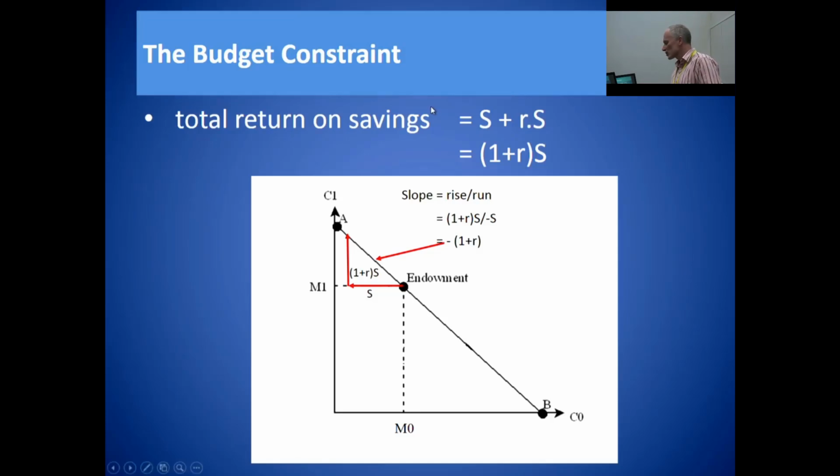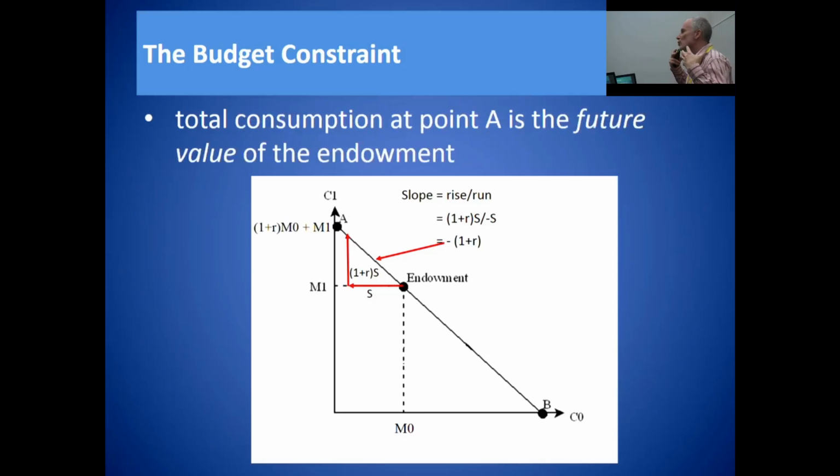Now, I've already mentioned this point here, A. I've said that's the maximum amount of future consumption. That's what would happen when the individual chose to save everything in the present and convert it to consumption in the future. Well, that point A also has a very special name. That's known as the future value of the endowment.